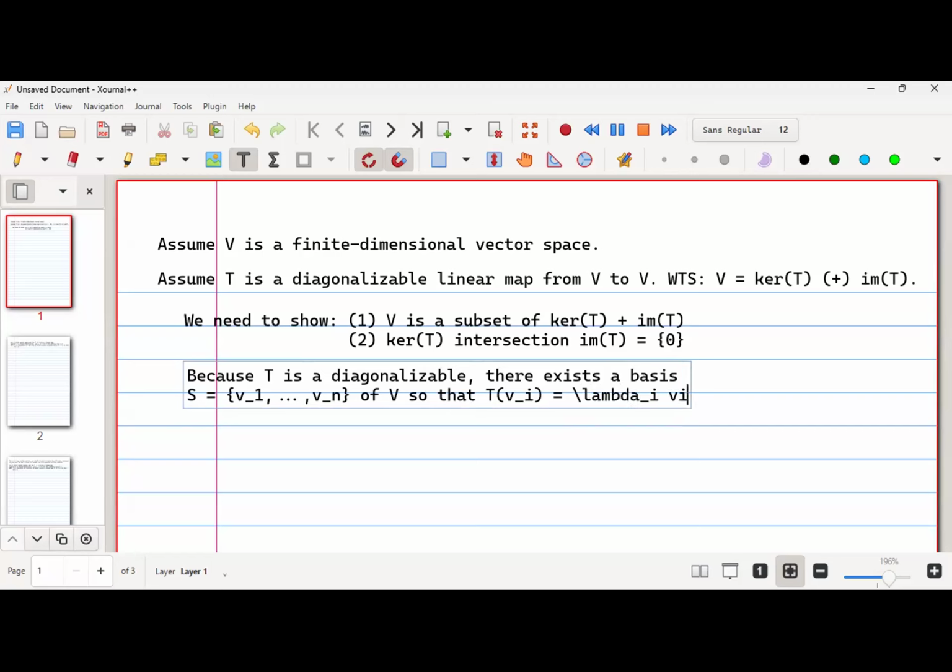Just run with this. For each i in, let's just index it, 1, 2, 3, up to n. Yeah, I know, I don't have a better way of representing lambda.